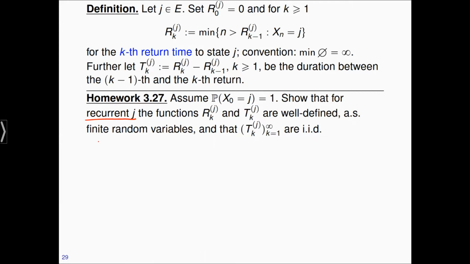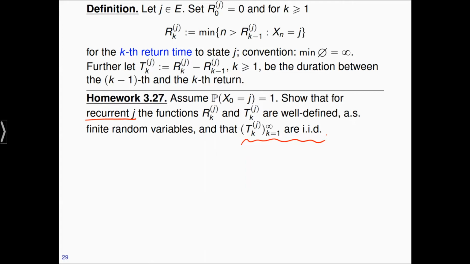And most importantly, that the Tk, so the times between the visits at J, are independent and identically distributed.